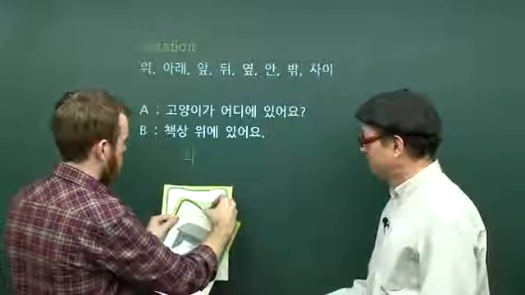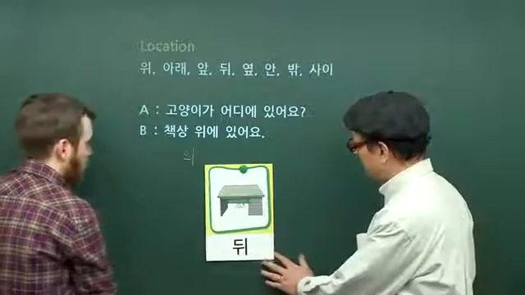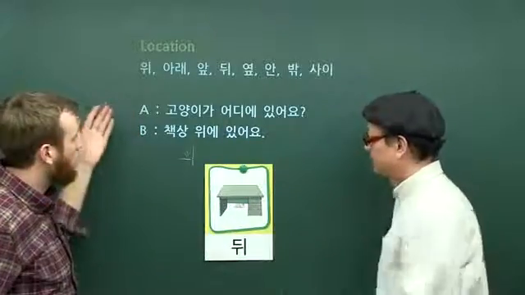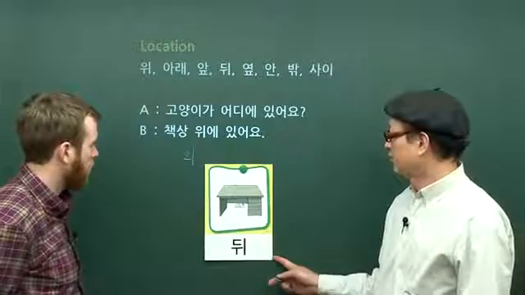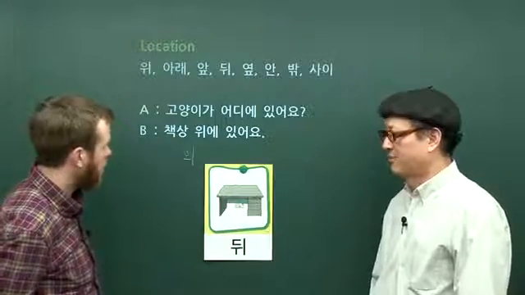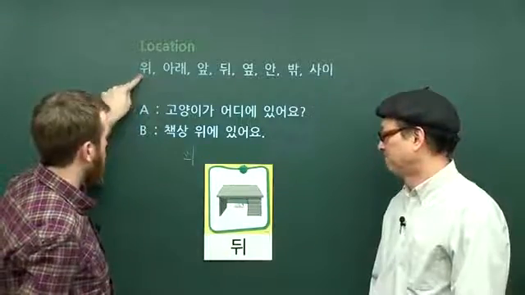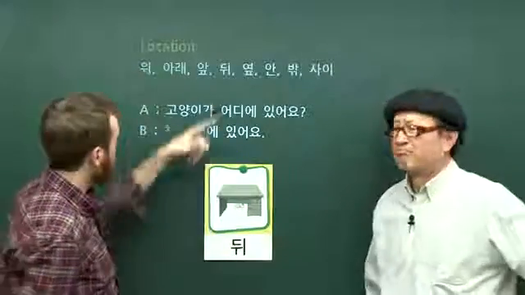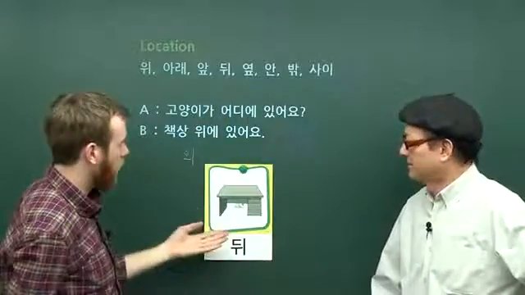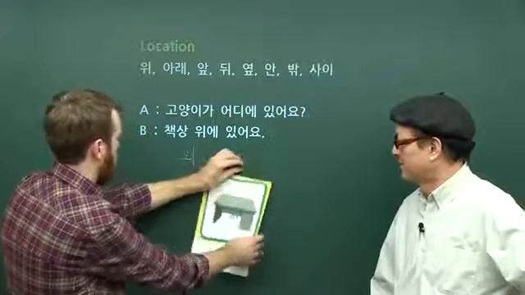Oh, I can no longer see my cat here. So again, 고양이가 어디에 있어요? 책상 뒤에 있어요. This is kind of similar, 위 and 뒤, right? 위 was on. In this case, 뒤, behind. So 뒤에 있어요.